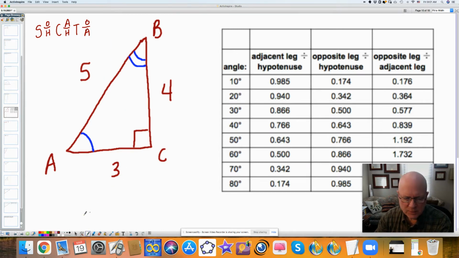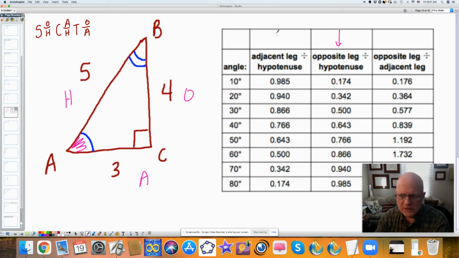My second step would be to label the sides. From this angle as my reference angle, this would be the opposite, the adjacent, and the hypotenuse. And I can choose any ratio I want. If I chose 4 over 5, the opposite over the hypotenuse, that would be this ratio.